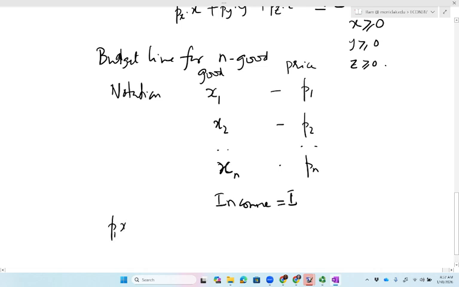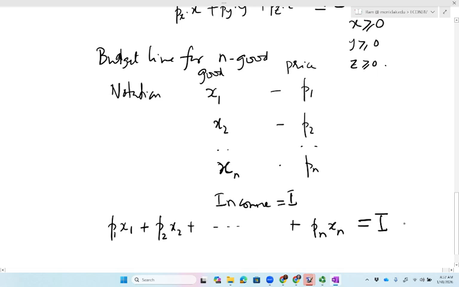So now I can write down the budget line for the n good case. P1 times x1. This is price of good 1 times the quantity of good 1. Money spent on good 1. Money spent on good 2. We go on and on till we hit money spent on good n. So I have taken care of all these goods, and that being equal to the total income at hand is the budget line in the n good case.